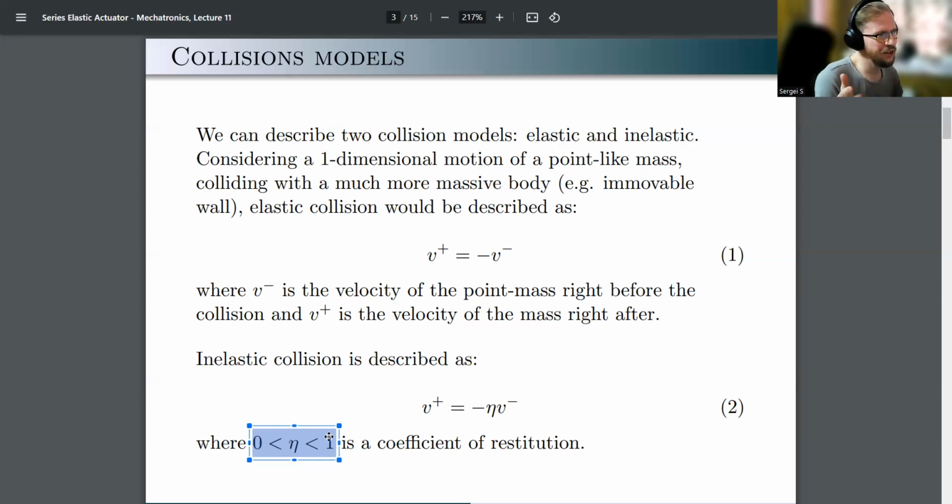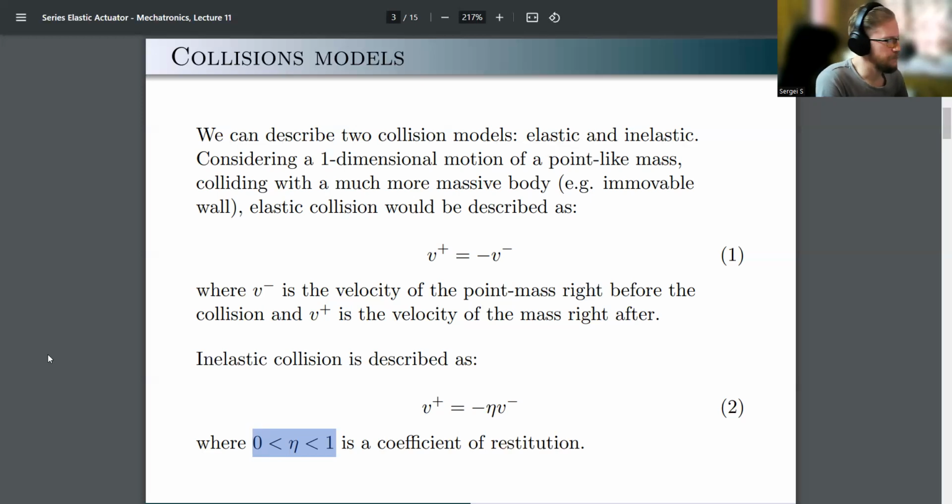But that is outside of the realm of pure mechanics, right? So we don't really have to think about it, right? And less than 0, you can think about it. Like, what does it mean? Right? Okay, right. Less than 0 would be kind of like penetration through the wall when you continue.